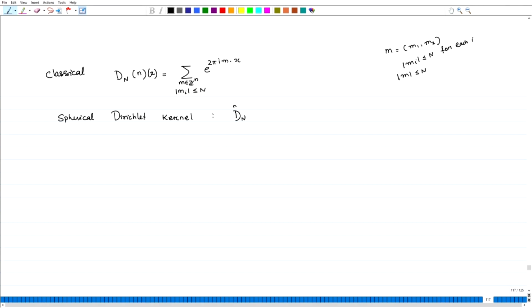We will denote it as D_n tilde, of dimension n, at the point x, with |m| less than or equal to n and e to the power 2 pi i m dot x. So, for dimension 1, as we were discussing, D_n is equal to D_n tilde, but in higher dimension they are going to be two different objects.